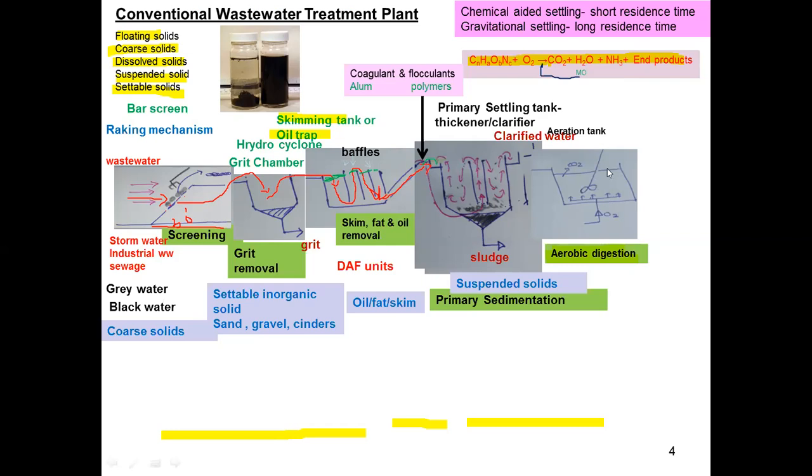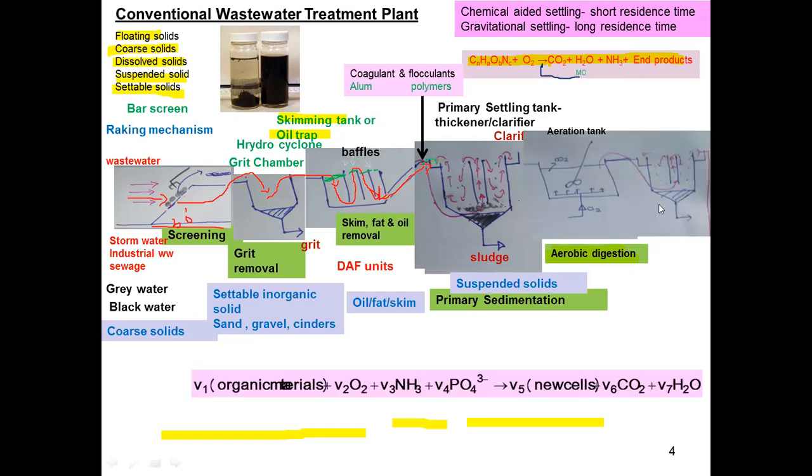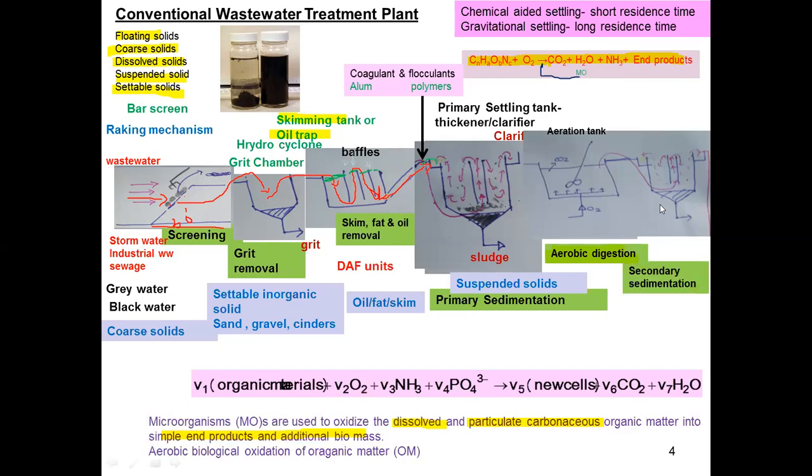So for that, we have to send it to another sedimentation tank. That sedimentation tank is called the secondary sedimentation tank. So there is additional biomass. That additional biomass formed due to the aerobic digestion is removed using the secondary sedimentation tank.